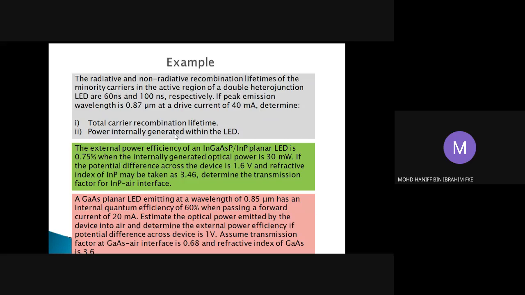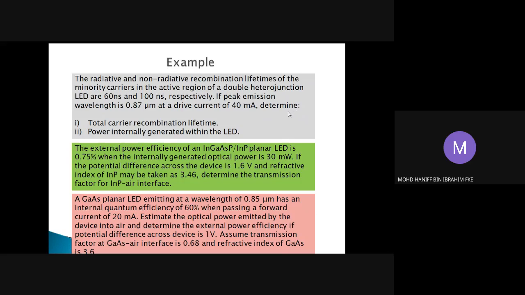For number one, the total carrier recombination lifetime can be found from the values of radiative and non-radiative lifetimes. If you recall, we can use the equation 1 over tau equals 1 over tau r plus 1 over tau nr.